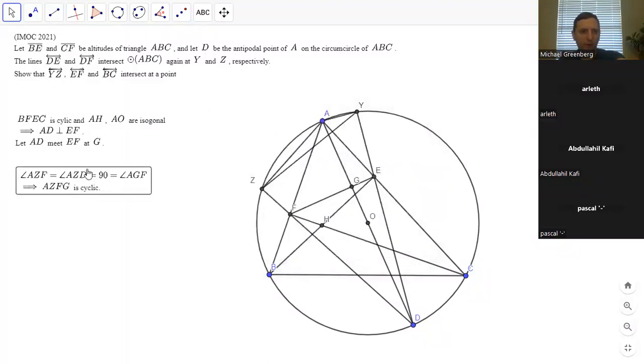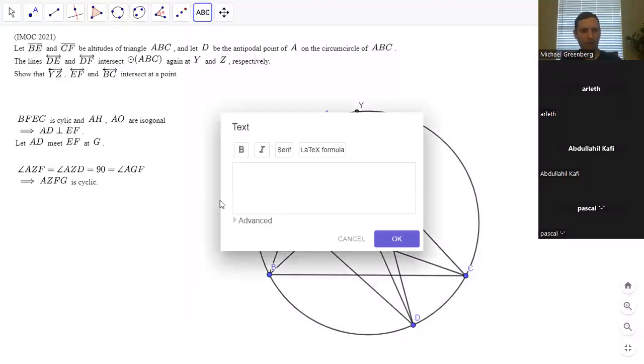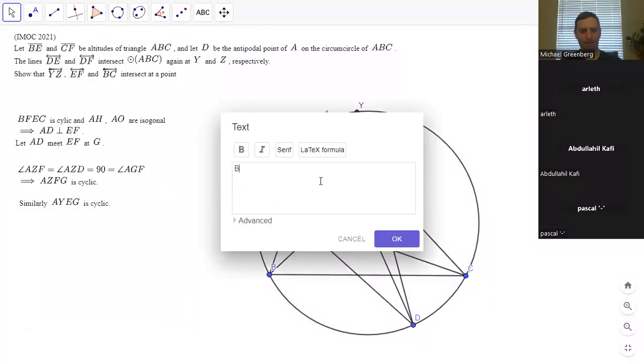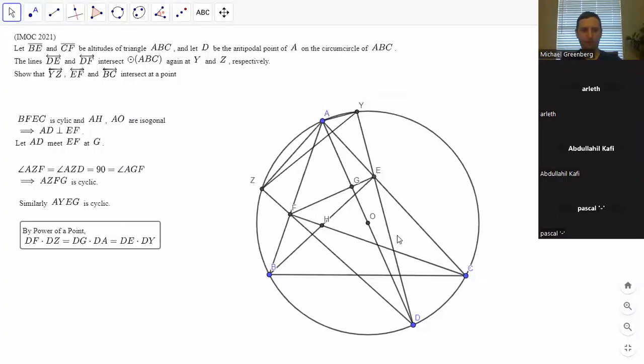And then similarly, AYEG is cyclic. So then by power of a point, DF times DZ is equal to DG times DA, which is equal to DE times DY. So that means FZYE is cyclic.